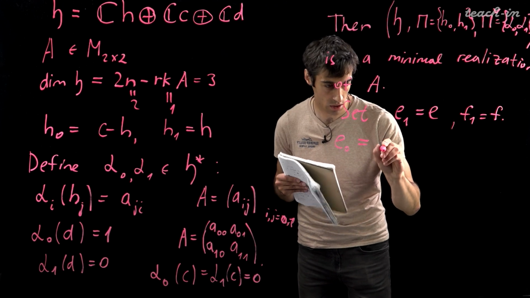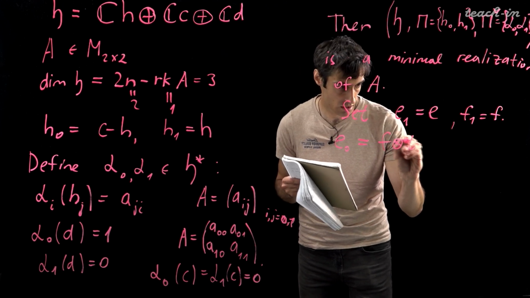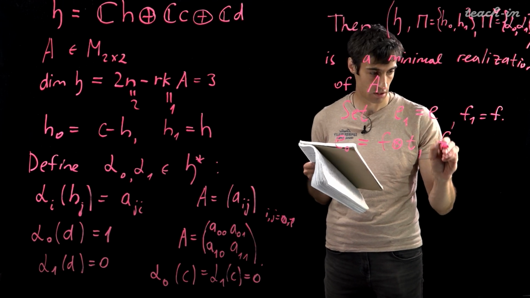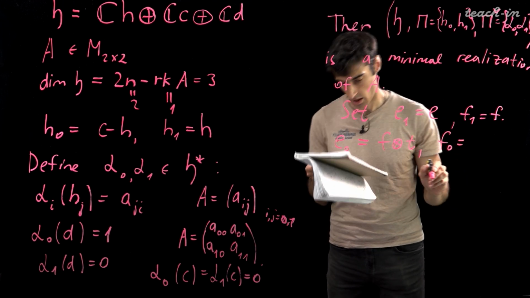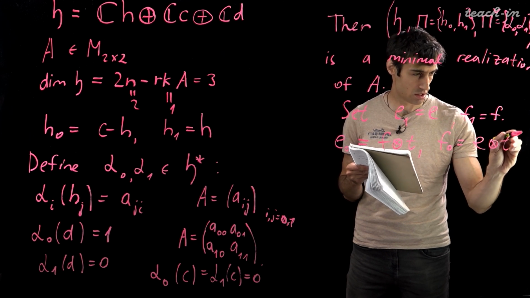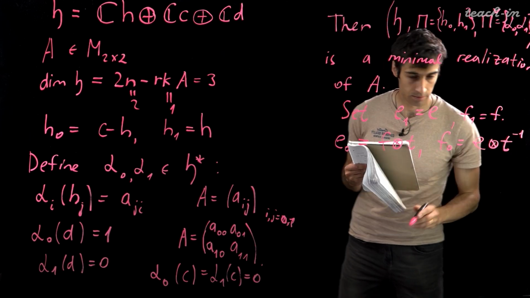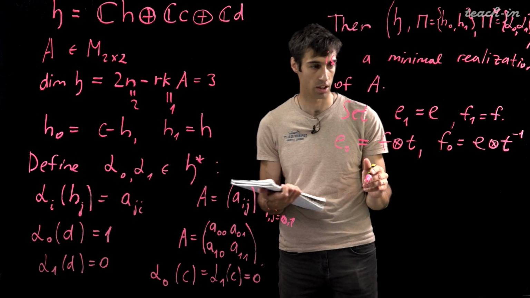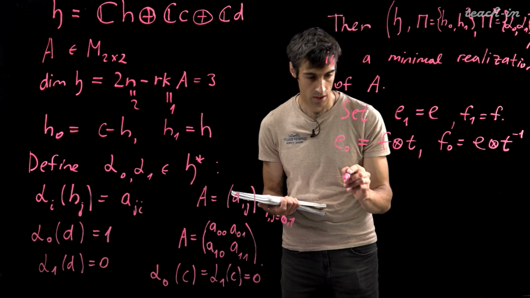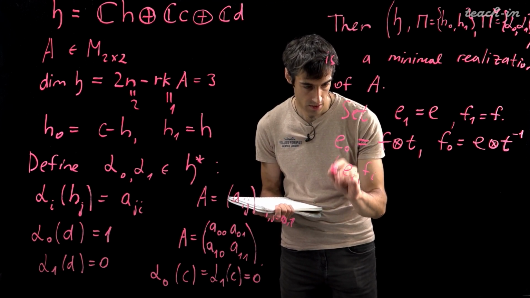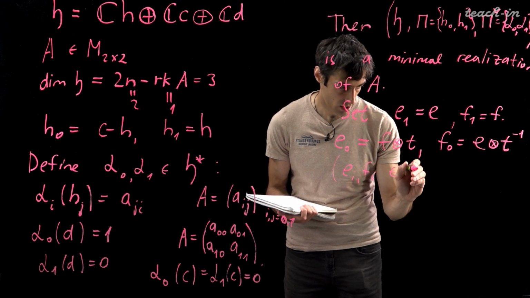So E0 is F tensor t, and F0 is E tensor t inverse. Okay, so these are all elements of SL2 hat.